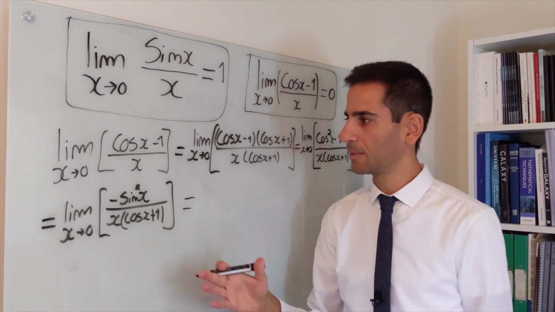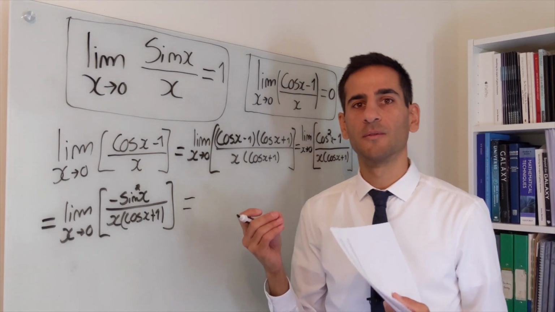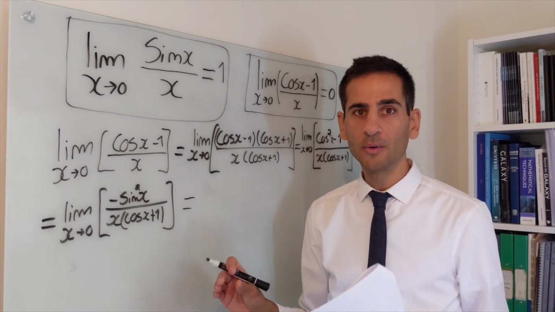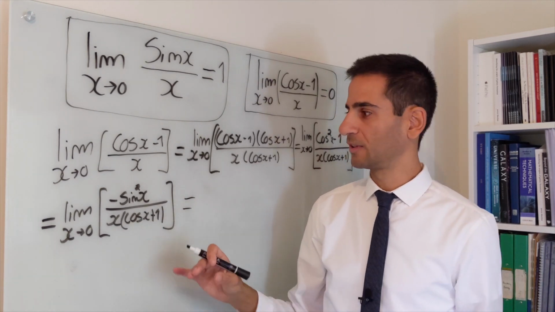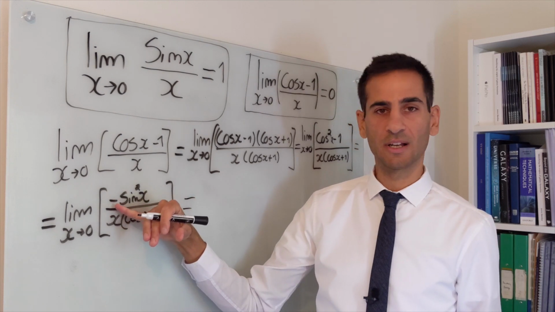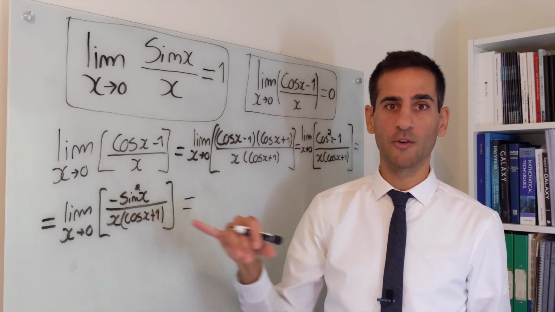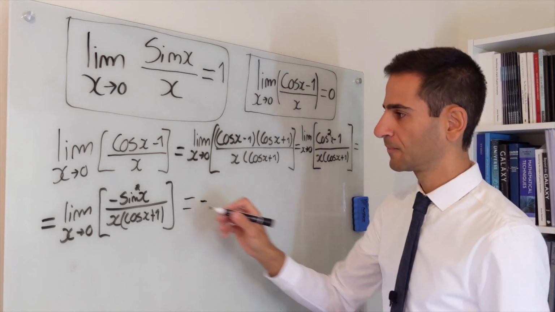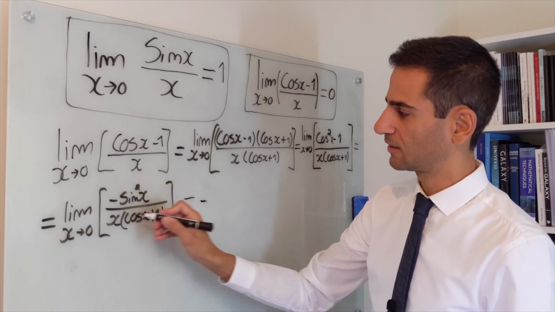Once you get to this step, all you have to do is remember properties of limits. So we're going to split it up with the product property, quotient property, and the fact that if you're multiplying with a minus, you can always take that minus out. So the first thing we can do is we take the minus out. We split up sine x over x.